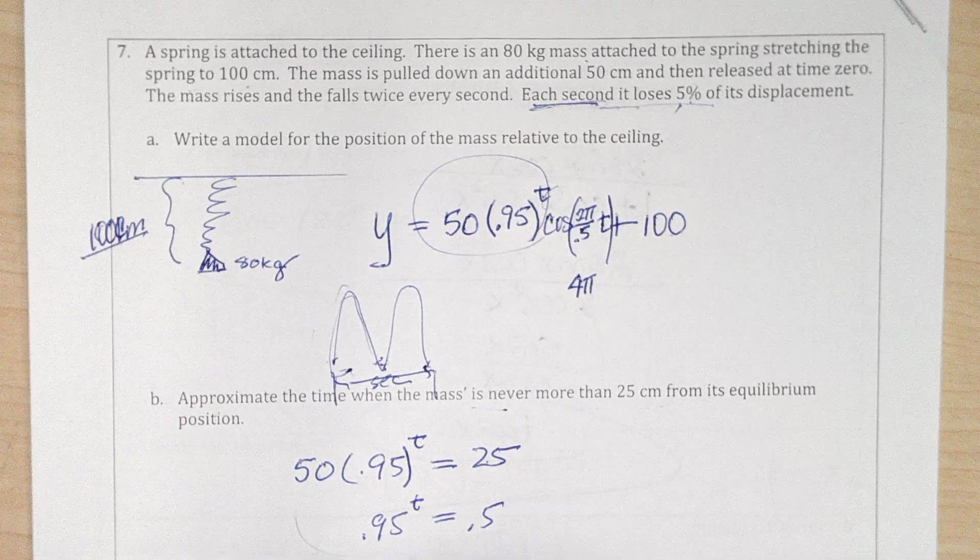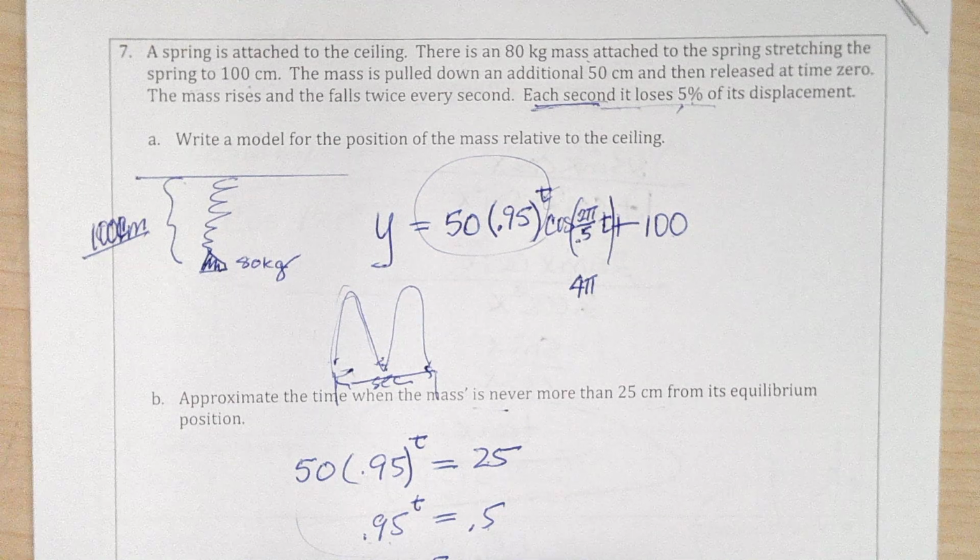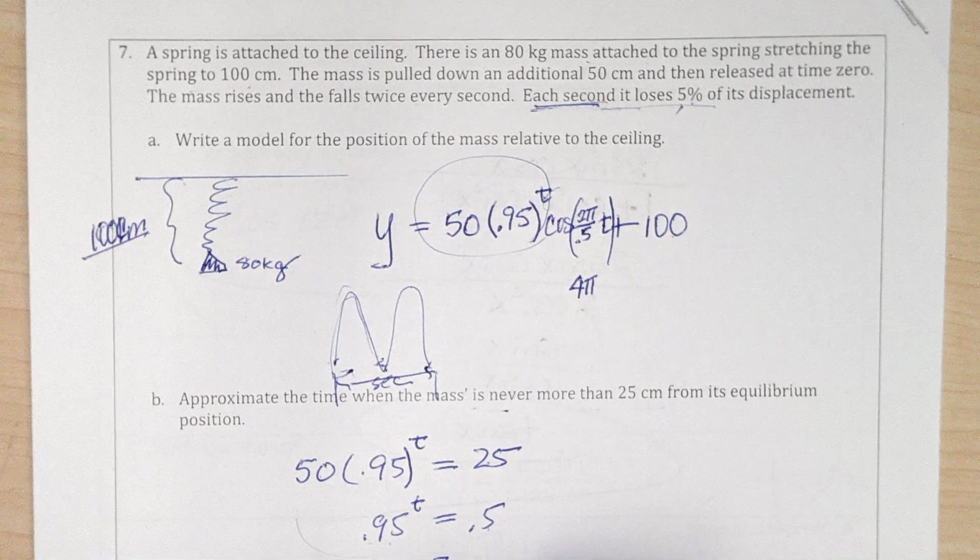To solve for the power, we ask: to what power do we raise the base, 0.95, to get an answer of 0.5? And if you type that into your calculator, you get 13.5 seconds.